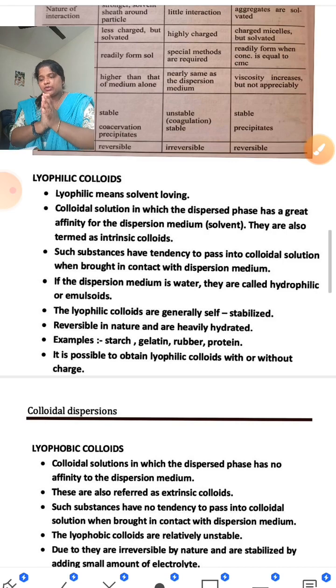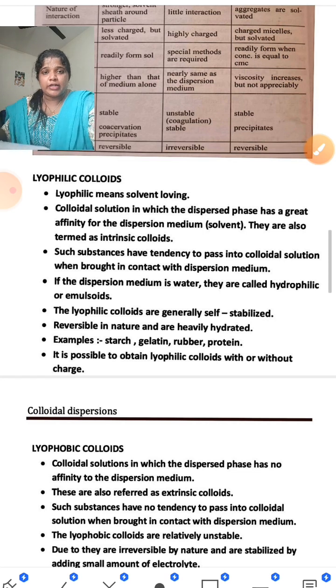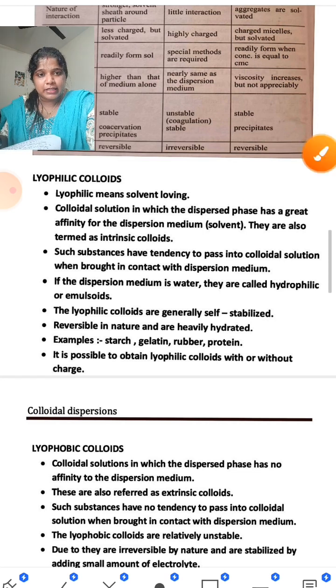What you have to remember is that in lyophilic colloids, the dispersion phase has an affinity towards the dispersion medium. Imagine, I will show you.